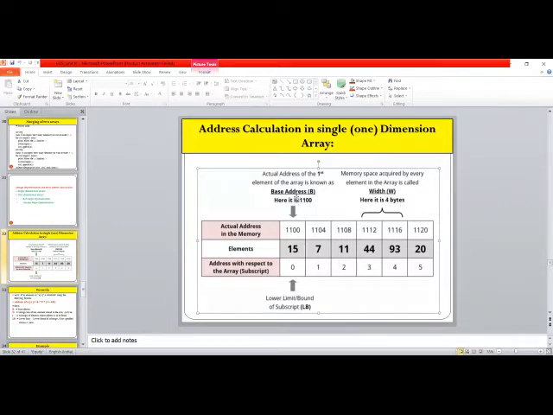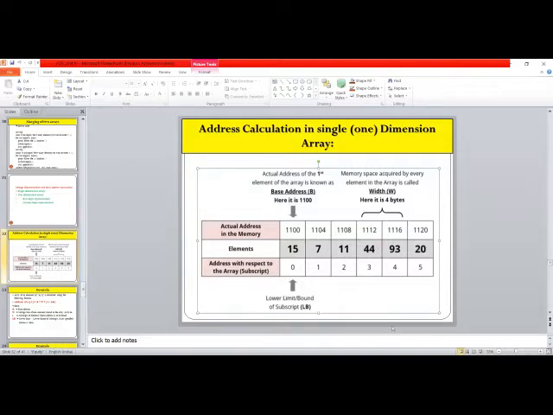So here we know the base address, and then we know the width of each memory location. Right. That is starting address we know, and how many bytes each element is going to hold inside the memory, that is also known.